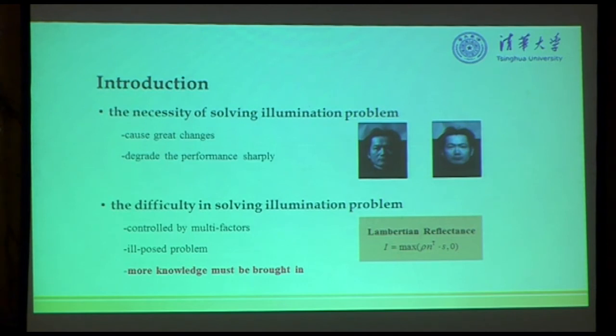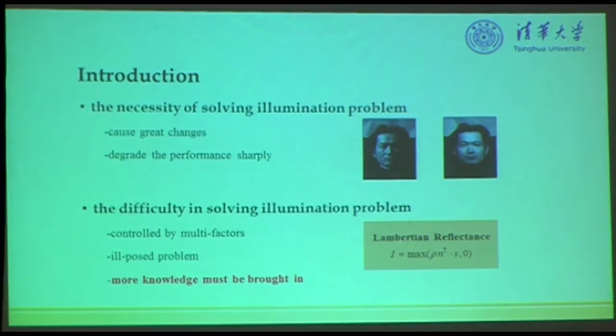The illumination problem is a very serious problem in face recognition because it could cause great changes within one subject, and so it will degrade the performance of the system. On the other side, the illumination problem is very hard to solve.